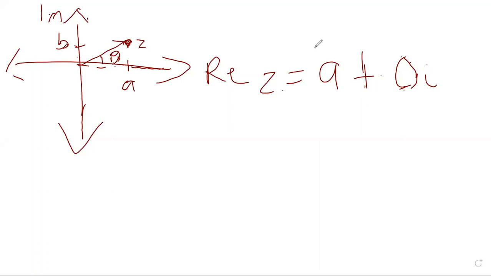And we also know that if a number only had the imaginary part, so Z is equal to 0 plus BI, that means that this number is a purely imaginary number. So all the numbers will fall on the Y, or the imaginary axis line.